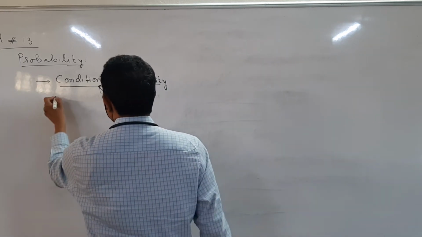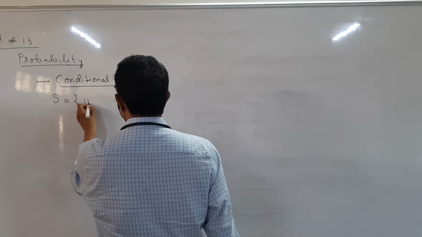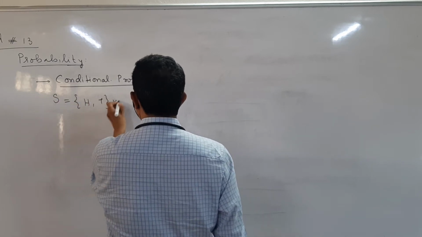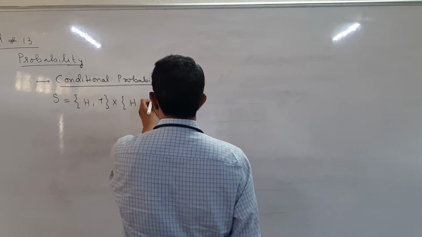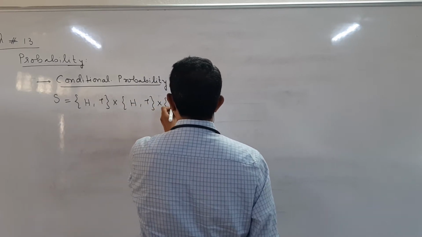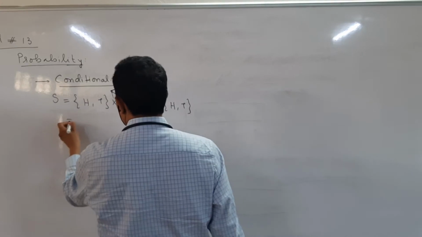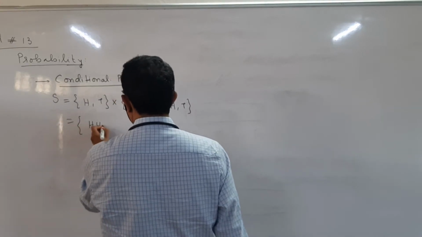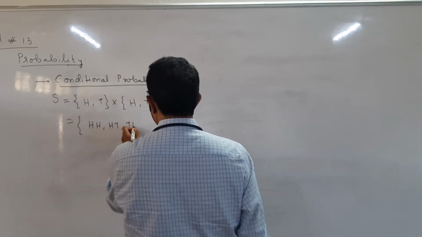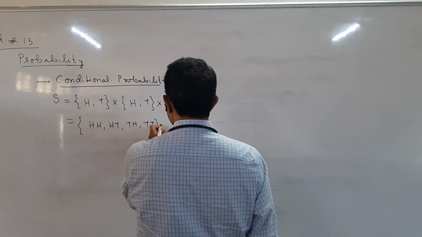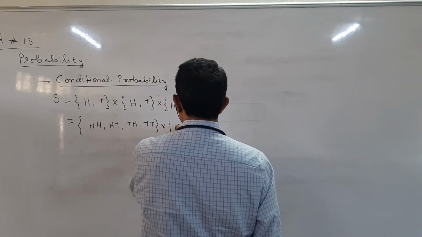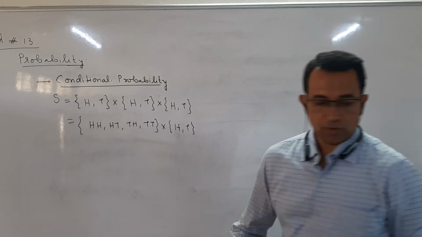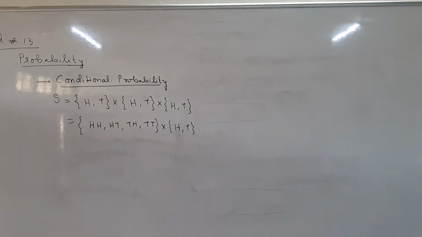Now consider the sample space of tossing 3 coins once. So we will have HH, HT, TH, TT into HT. All of you know, students, when we toss 3 coins once, the cumulative sample space is HT into HT.